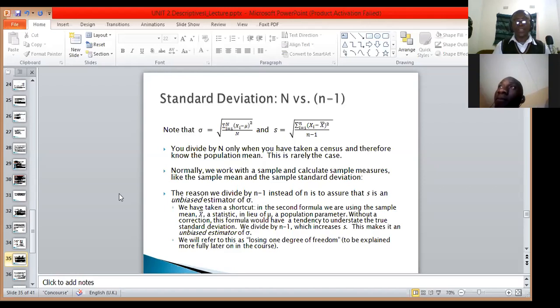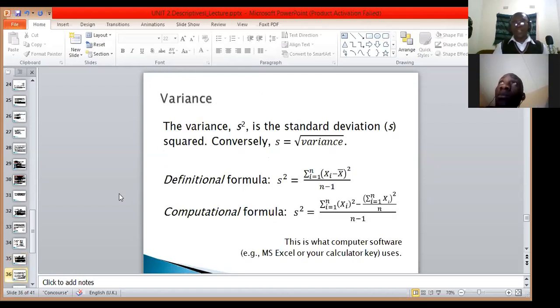Our next slide looks at variance, which we have briefly considered. The variance is the standard deviation squared.